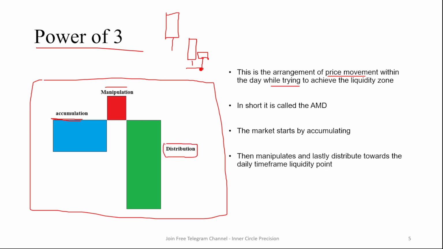We would like to make our entries within this distribution phase to end this flow at the previous daily liquidity zone. In short, this is called the AMD. The market starts by accumulating, then manipulates, and lastly distributes towards the daily time frame liquidity point, basically like that.